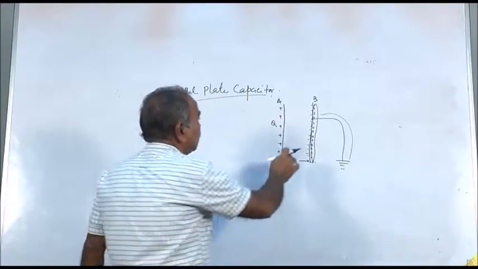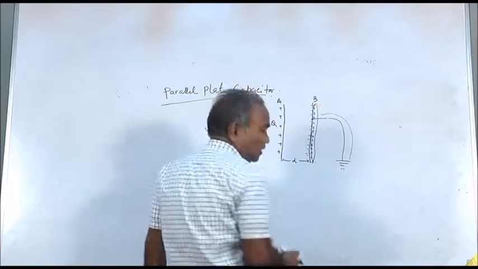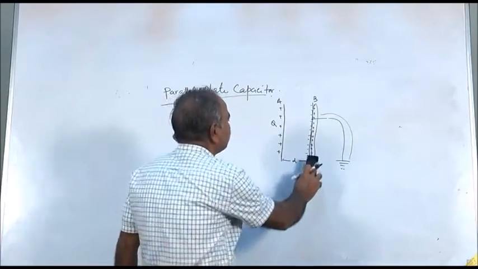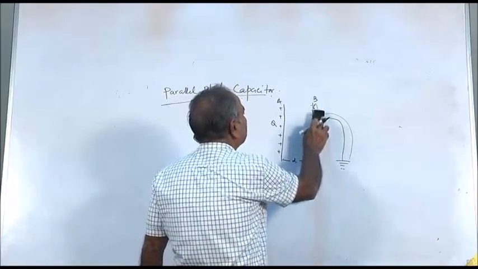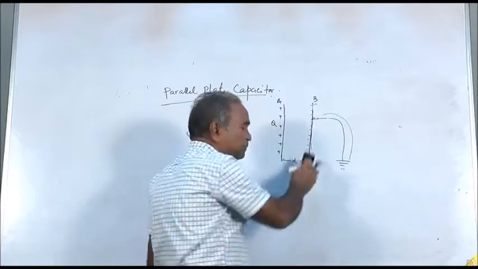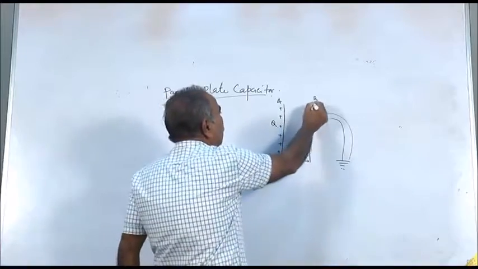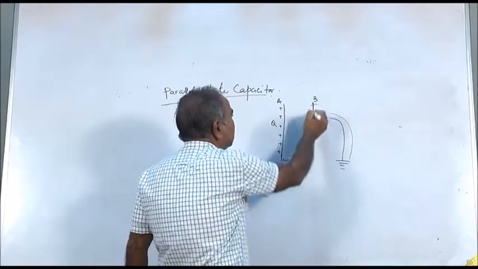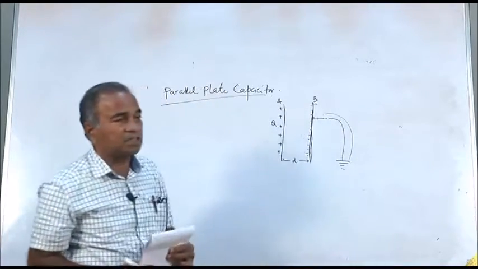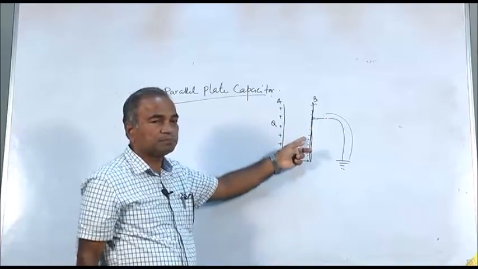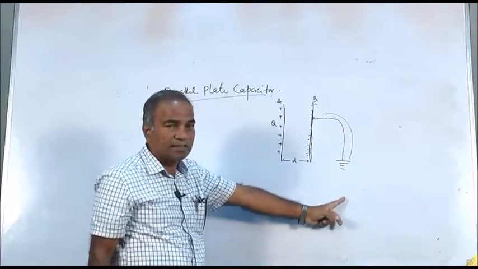When it is neutralized, you will find that negative charge will be there only on the plate and it will spread over the whole plate B. That means plate B, by induction, becomes negatively charged when it is connected to earth.